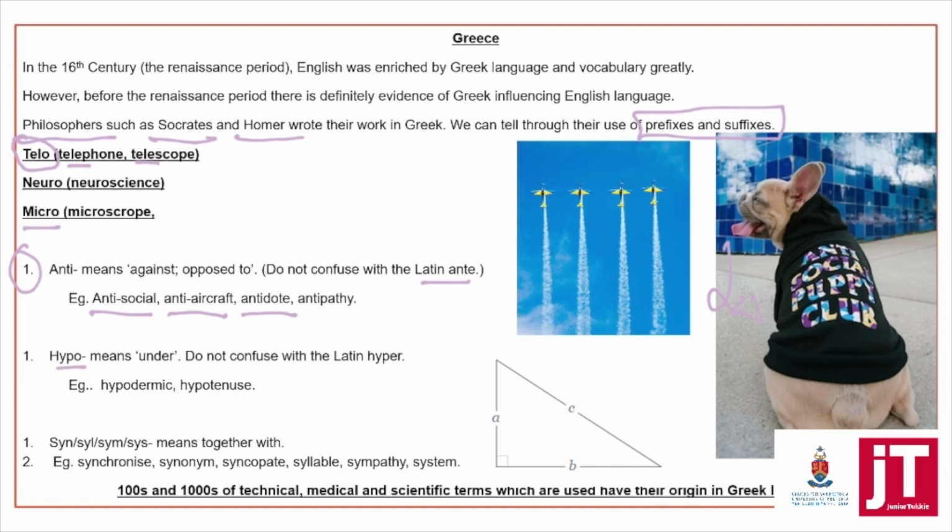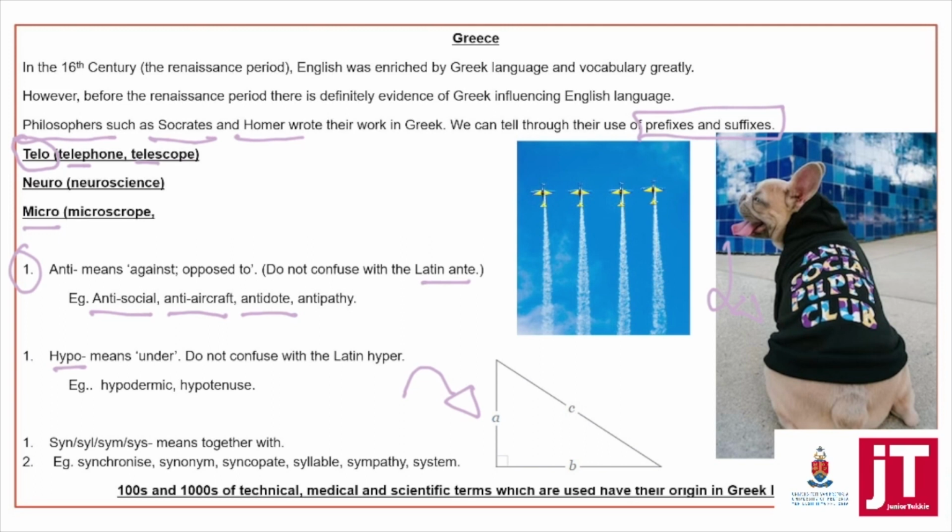Hypo means under, not to be confused with the Latin hyper, which means over, just to confuse us. And hypodermic needle, a needle that, gross, goes under the skin, I believe. And a hypotenuse, which is a reference to mathematics.